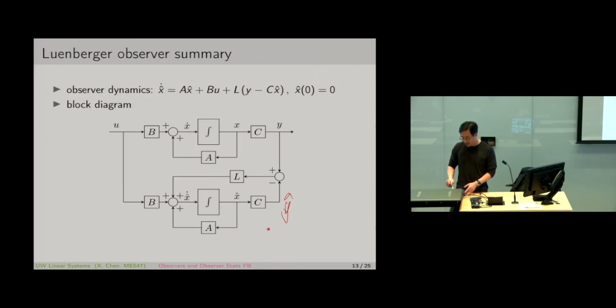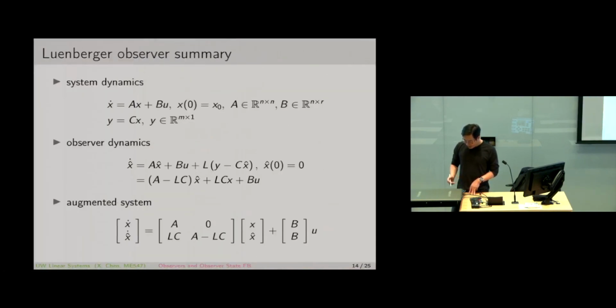The order of the entire thing is actually 2 times n. Sometimes we say this augmented system, we can write it in a single state equation. Previously, we wrote the system dynamics separately and the observer dynamics separately. We can write them all together in one lumped augmented state equation. That's very easy to do.